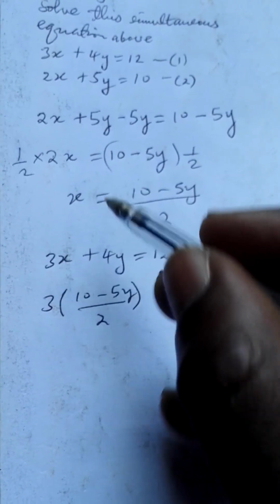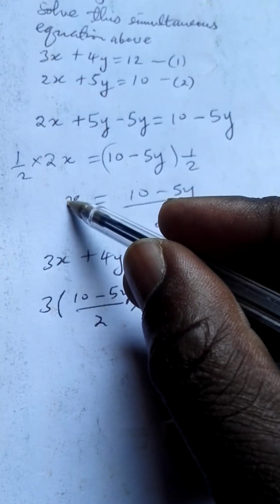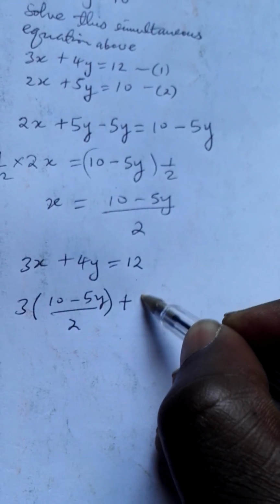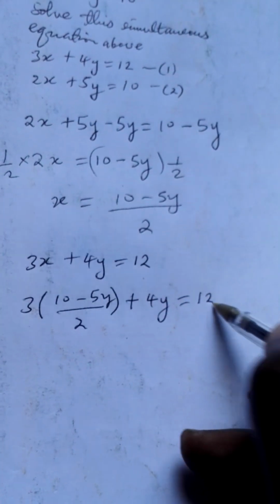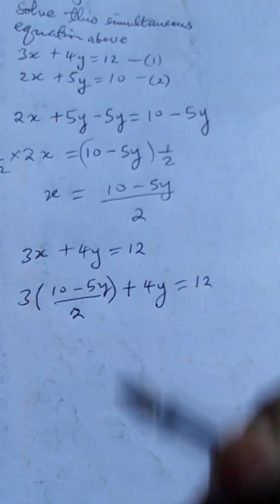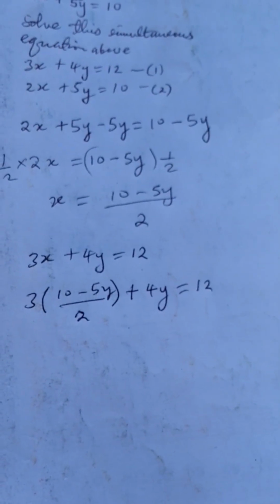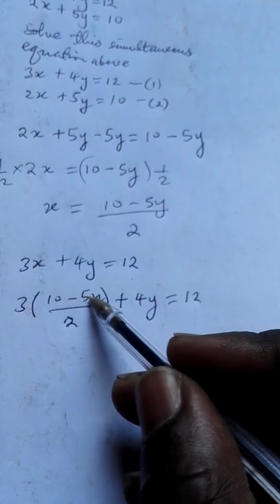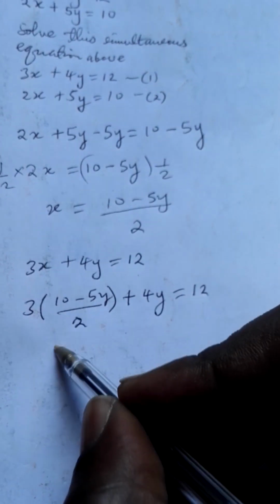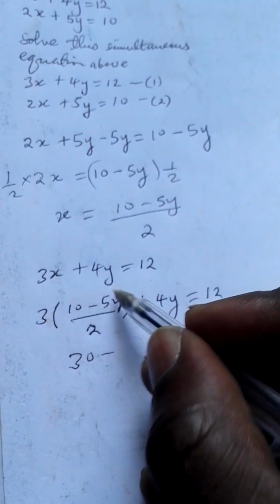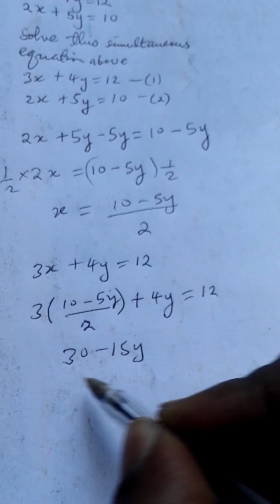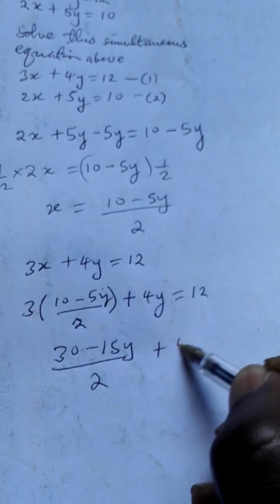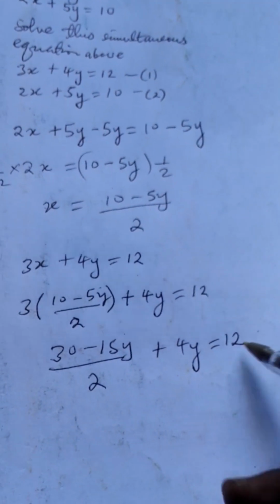So where there is x, we substitute this expression, which is equal to x. Now we say plus 4y equals 12. So now the 3 multiplies everything inside. 3 by 10, 30. 3 by 5, 15y, and the 4. Then plus 4y equals 12.